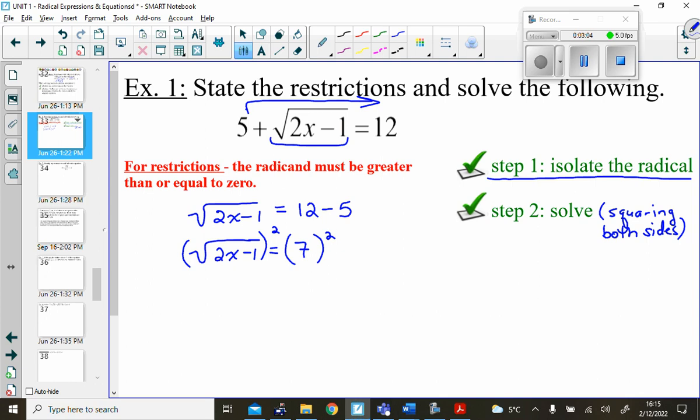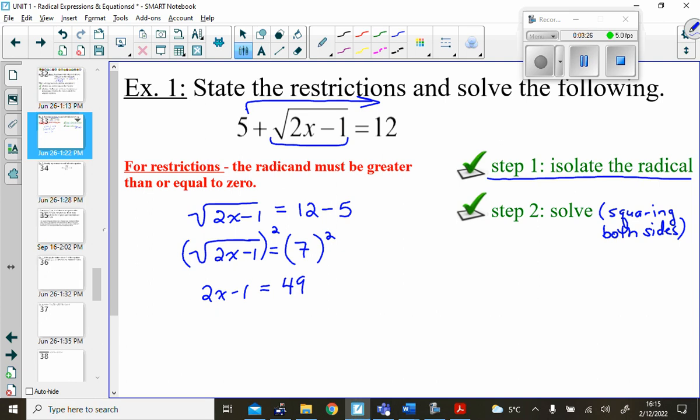Now, when you square root a square, they cancel each other out just like a magician. They're gone, and you leave 2x minus 1 behind. And on the right-hand side, 7 squared is 49. So now you've made the equation easier. There's no more radical there.